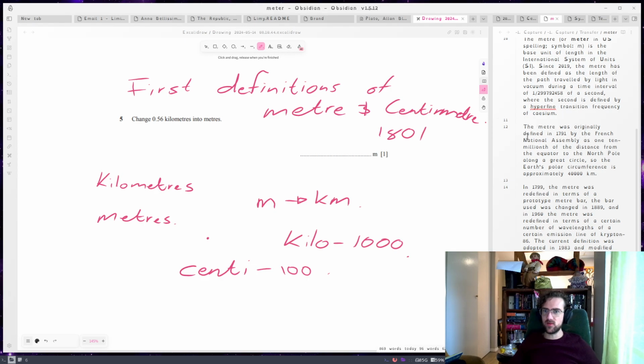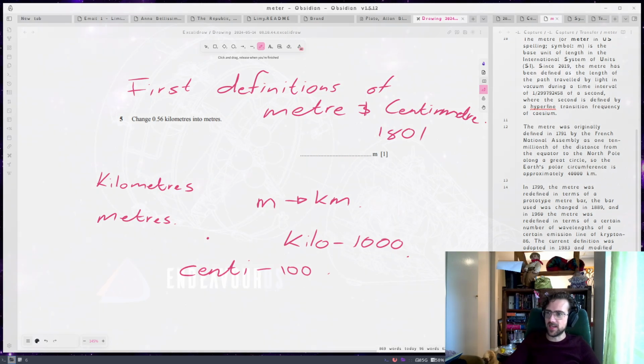So the meter was originally defined in 1791 by the French National Assembly as 1/10 millionth of the distance from the equator to the North Pole along a great circle. Like around the world, there's like that great circle, the meridian. And so the meter was 1/10 millionth. Okay. So the Earth's polar circumference is approximately 40,000 kilometers. Okay.